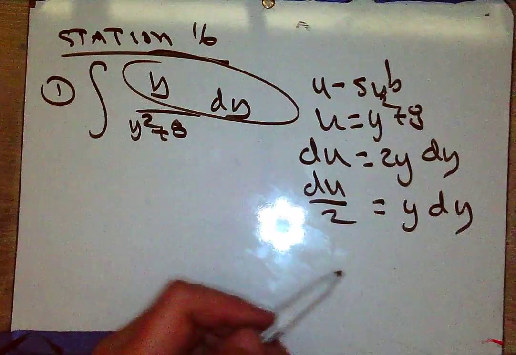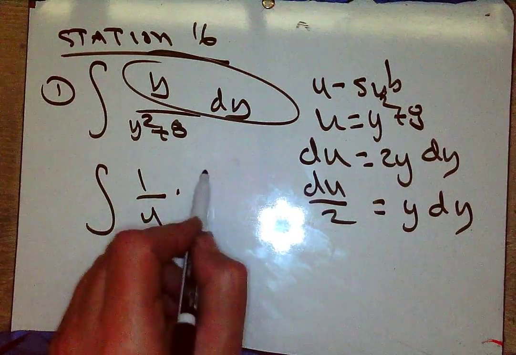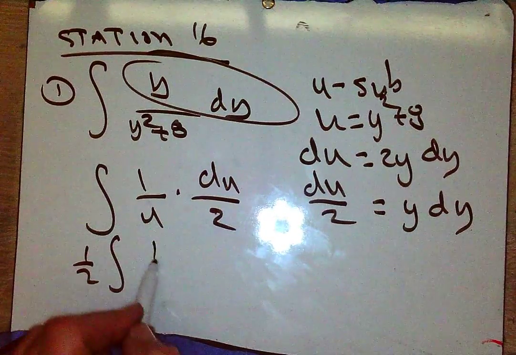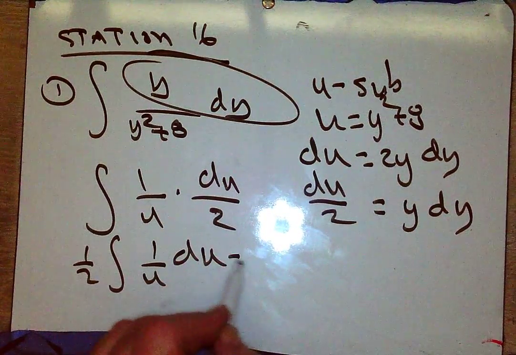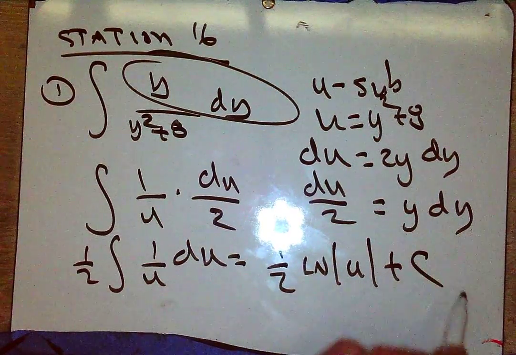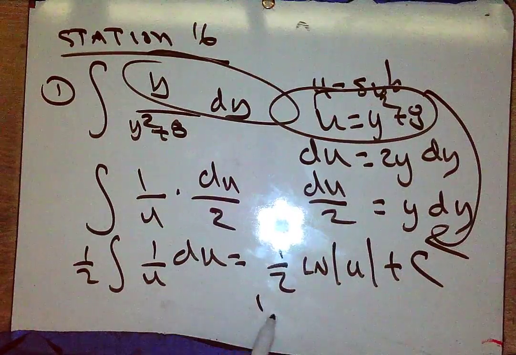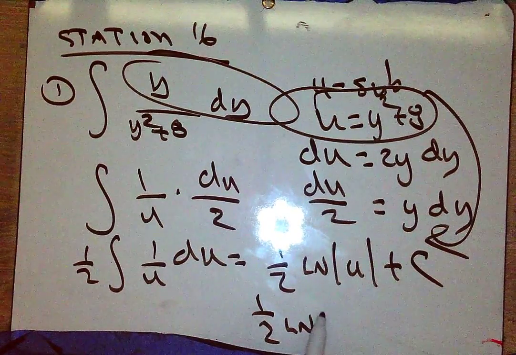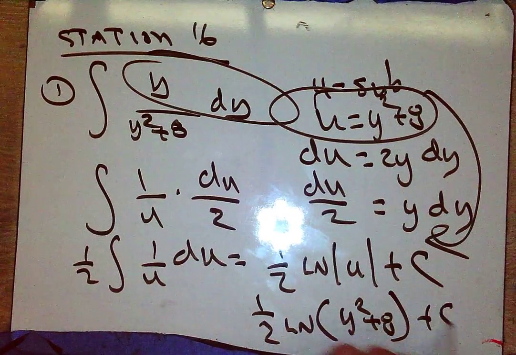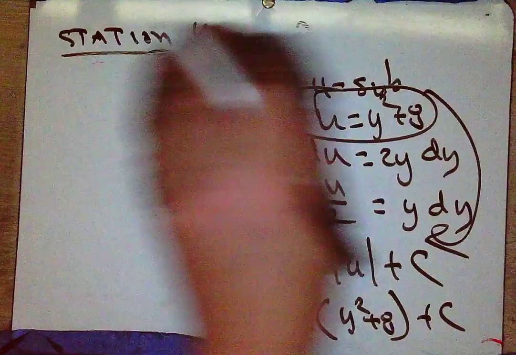And here's my y dy. So this can be 1 over u times du over 2, or 1/2 integral 1 over u du, which is 1/2 ln of u plus c. Hey, don't forget to plug that back in. 1/2 ln of y squared plus 8 plus c. And there's problem number 1.